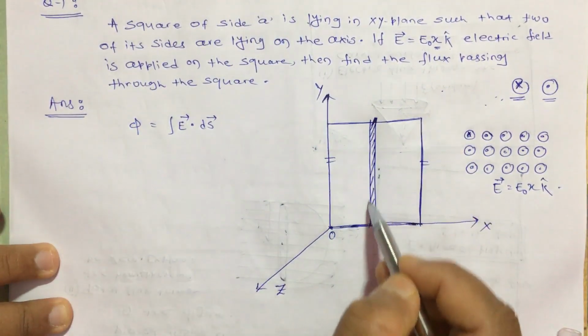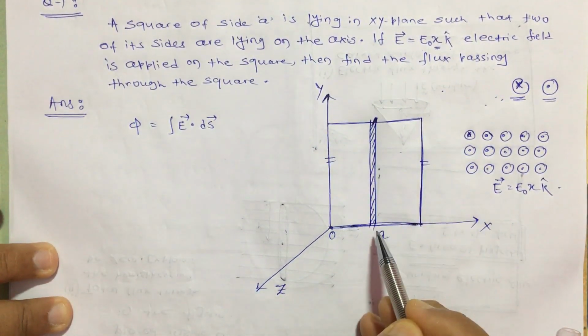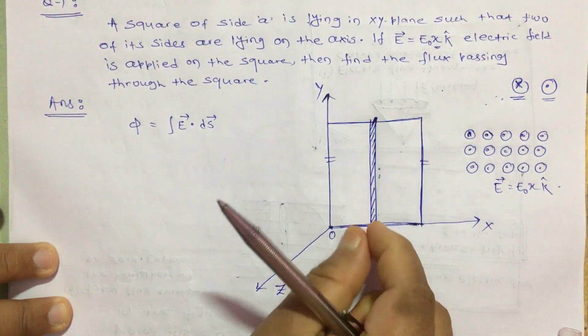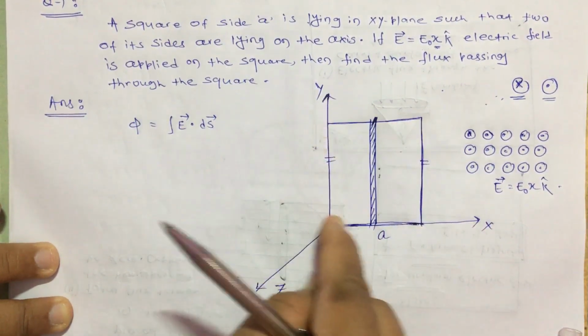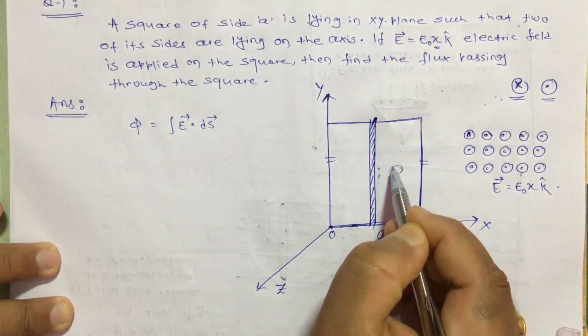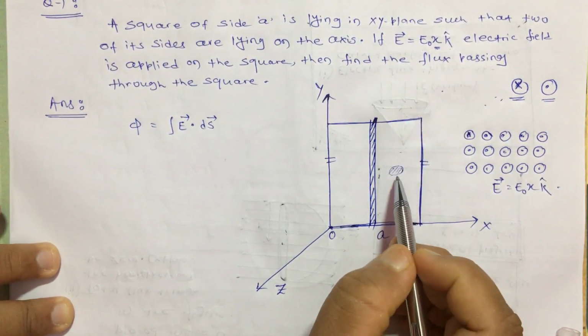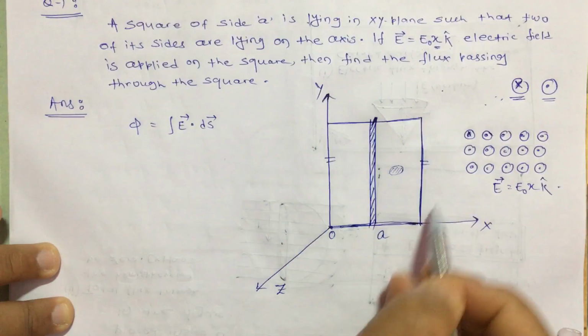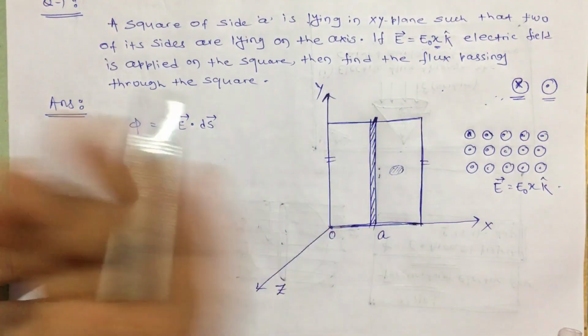Meaning if you assume a strip-like thing here and extend this strip, then I can get this total area. You cannot say, sir, this is an elementary area, this is an elementary area. No, you cannot, because by extending this you cannot get the square.